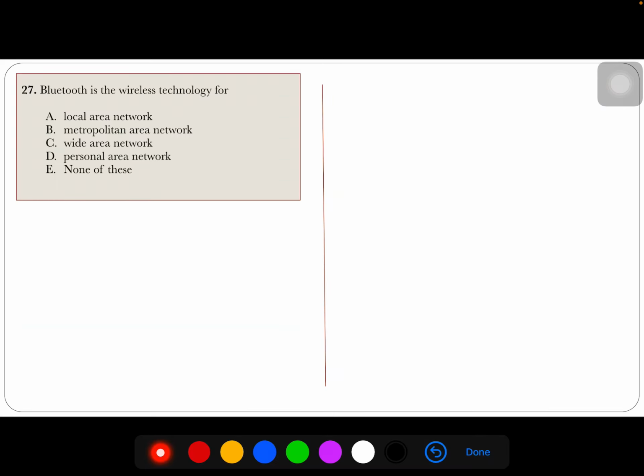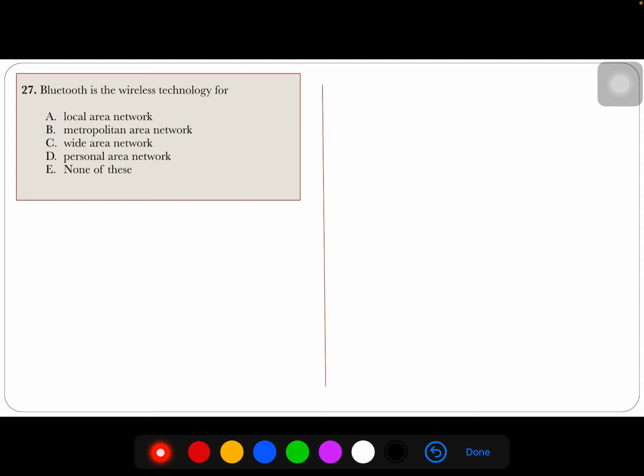Okay. Next question. Bluetooth is the wireless technology for. See, just imagine Bluetooth in your phones. Can you use Bluetooth in a very long range? No. Basically, you can use Bluetooth in a very short range, within a room or within a personal space.